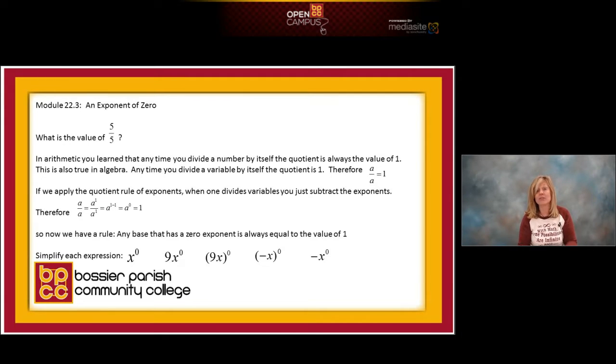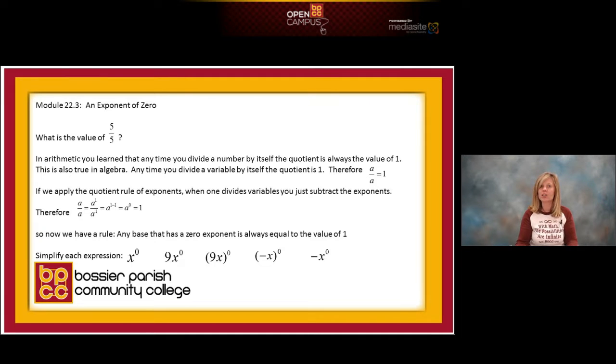So now, guys and gals, what we have done is we've come up with a rule. Remember, we've been dealing with exponents now for many, many videos. We've dealt with exponents that are 1s and 2s and 3s and 4s and 5s. We have yet to see an exponent of 0 because an exponent of 0 technically doesn't make sense. Remember, we understand what 3 cubed means: 3 times 3 times 3.